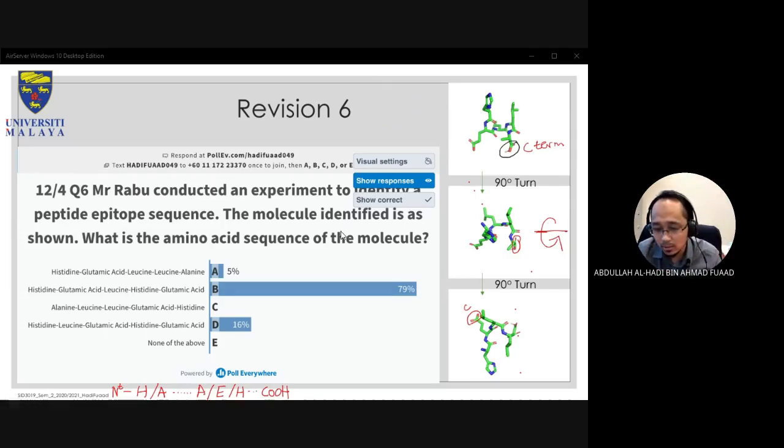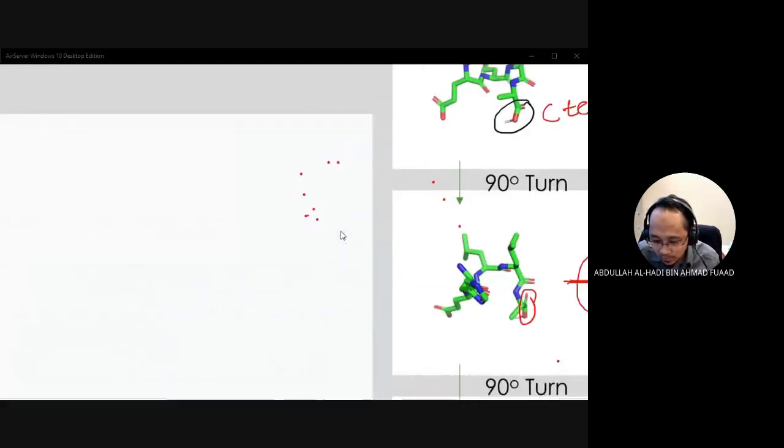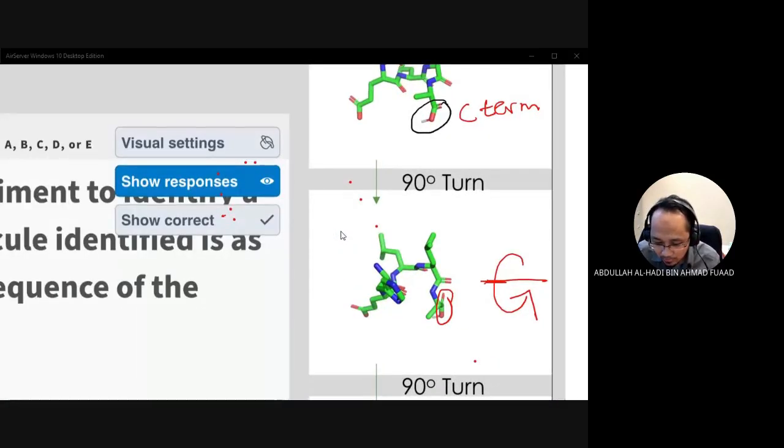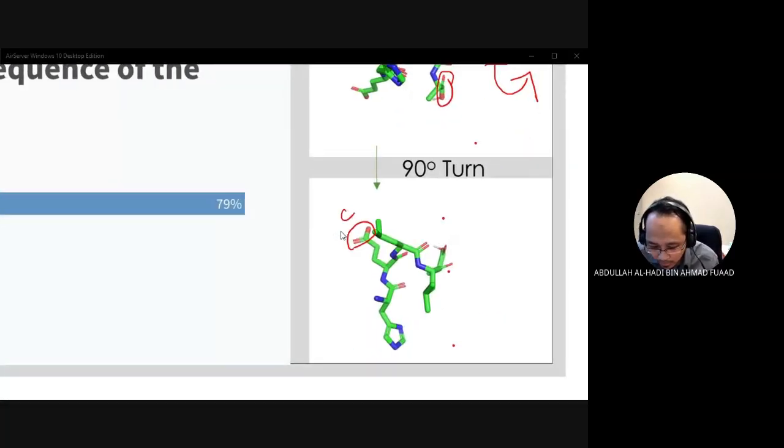Second one, you need to look for the N terminal, and to look for the N terminal is by looking at the blue color at the very end without anything attached to it. Okay, and if you look at the picture at the very bottom that I'm showing you right now, this is the N terminal, because it's not an amide.